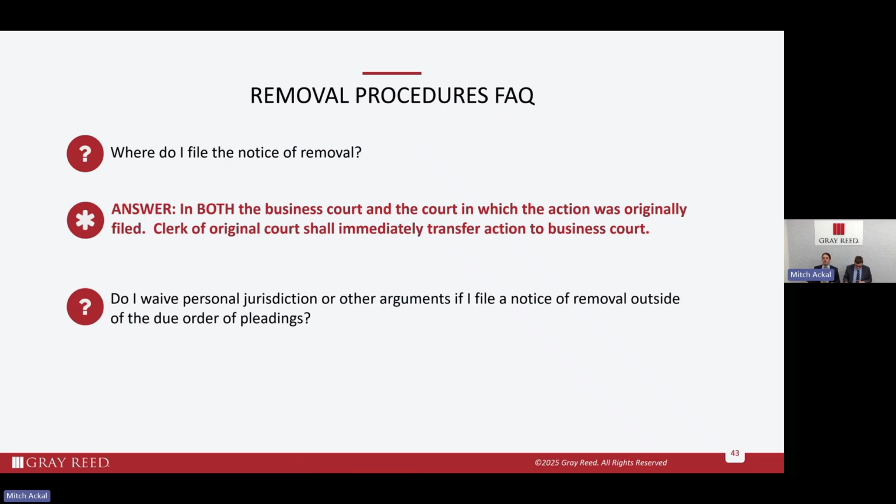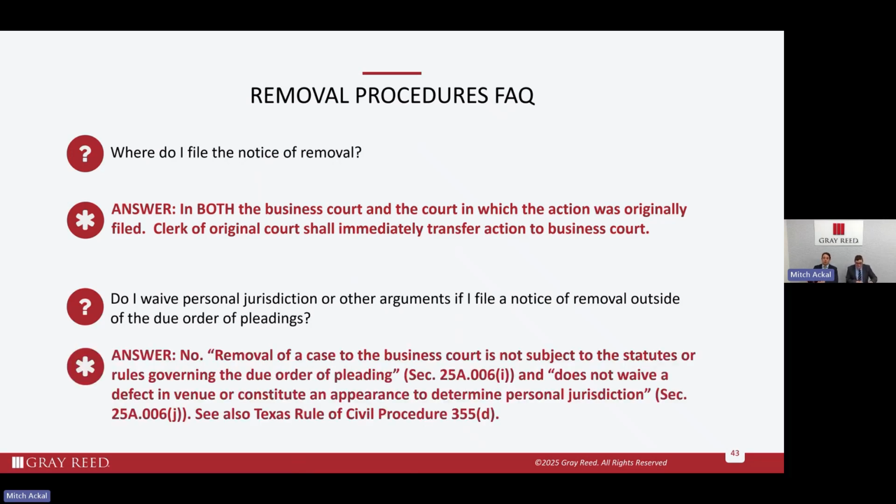pleadings rule? So as we know, if you want to challenge, for example, venue, or you want to move the court to dismiss because the court does not have personal jurisdiction over your client, you have to do that before you answer.